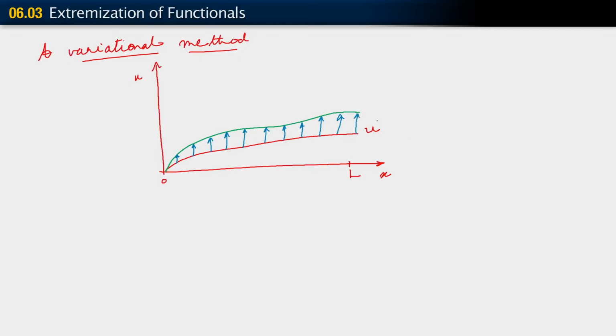Okay, so right now I am going to label the green field here. The green field is what I am going to label as U sub epsilon, where that subscript epsilon comes from a parameter that I'm going to introduce that we use to control the amount of variation we have here.